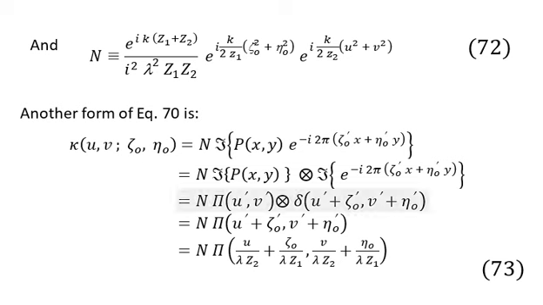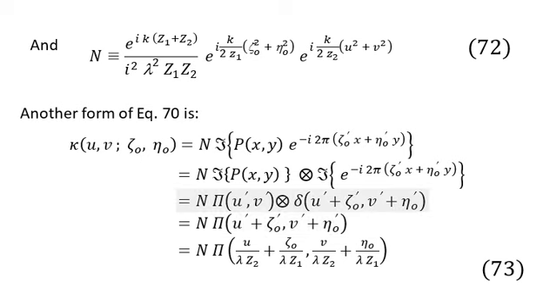So the Fourier transform of p of x, y has been denoted by capital pi of u prime comma v prime, because u prime and v prime are the variables at the output plane, which are also in the scaled form of the variables at the output plane or the image plane.